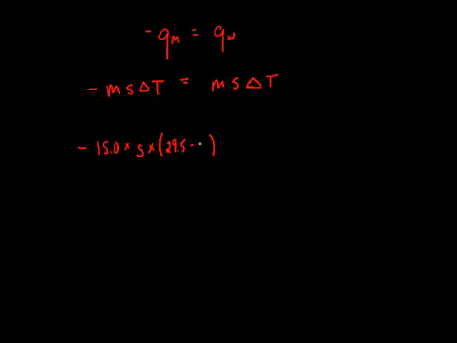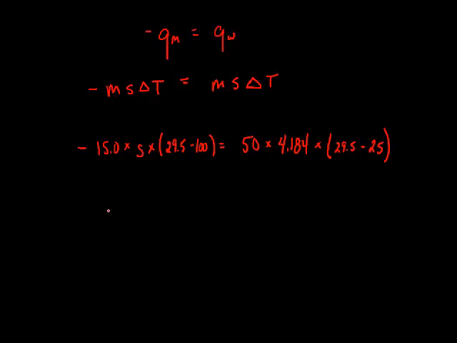And what's the initial temperature of the metal? The initial temperature of the metal was 100. How much water did we have? 50 mils, which is 50 grams. The specific heat capacity of water, I've got that memorized already from all those problems we've been doing. Right, and the final temperature of both was 29.5, but the initial temperature of the water was room temp, which was 25 degrees.